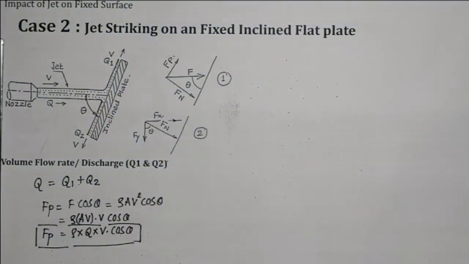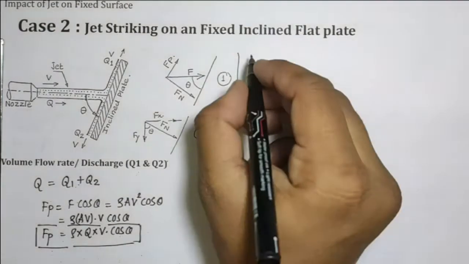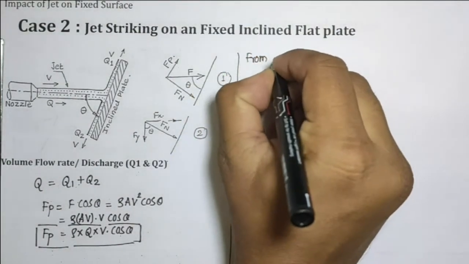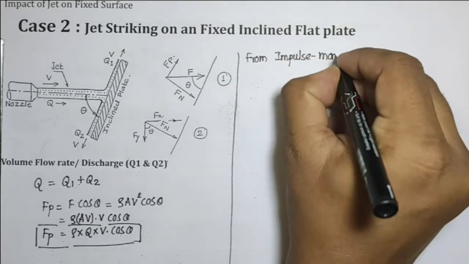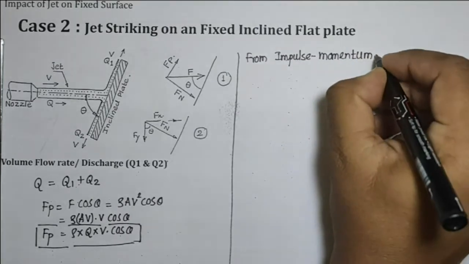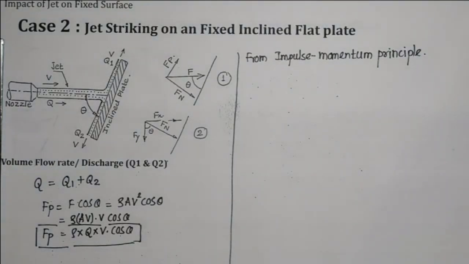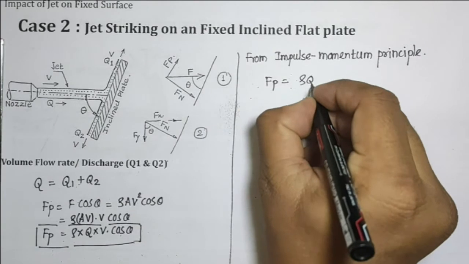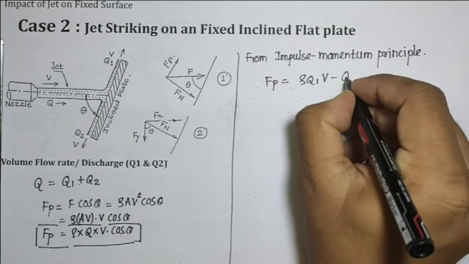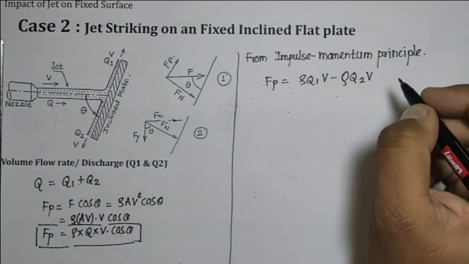Now one more thing we know from the impulse momentum principle, that Fp is equal to rho Q1 into V minus rho Q2 into V. How will that happen?